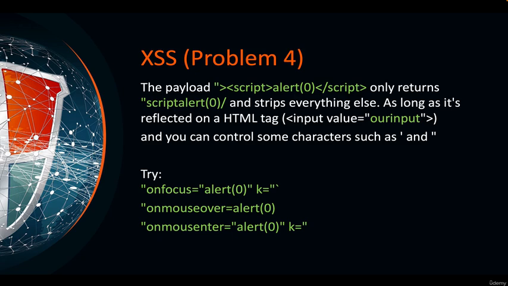Another thing you might see is that the round brackets are being filtered and the angle brackets are being filtered and stuff like that. But the input is still being reflected, like in an input value tag, right? So what to do? If I can't introduce my own script tags, I may be able to use an event handler, right?